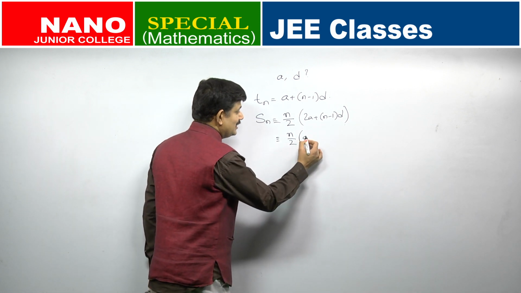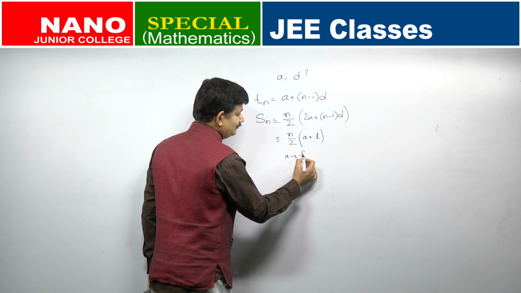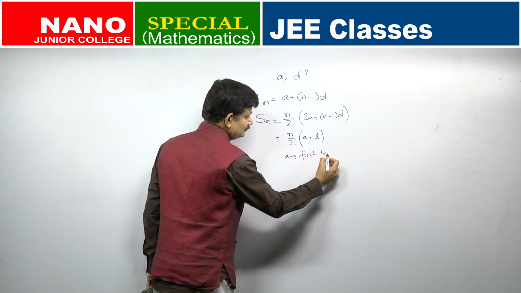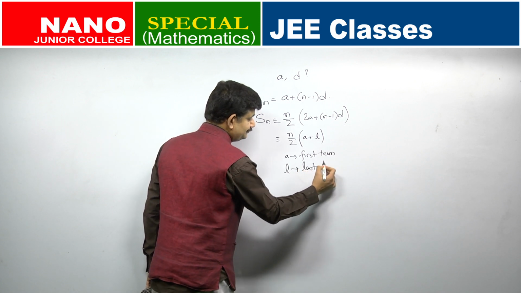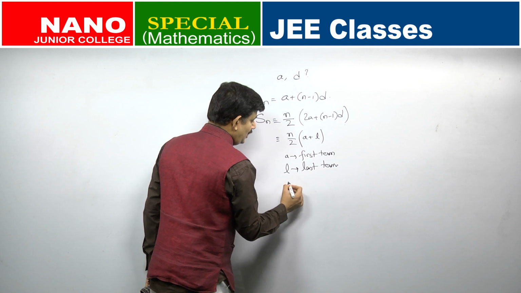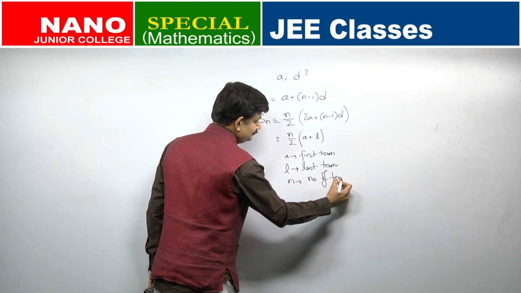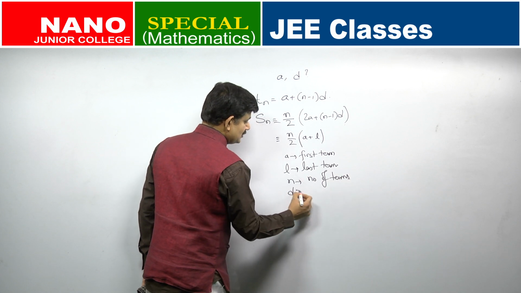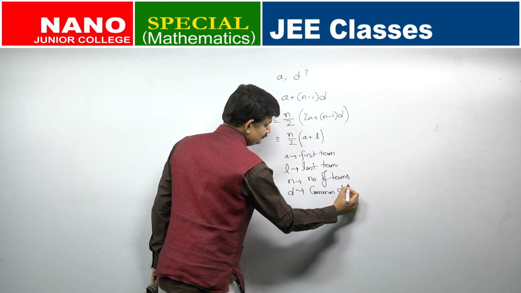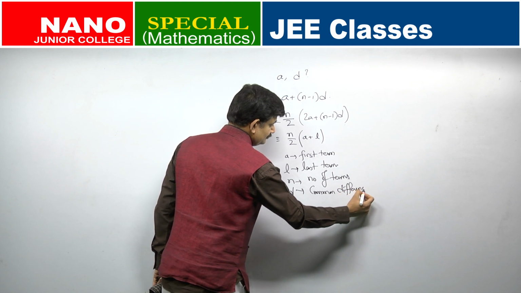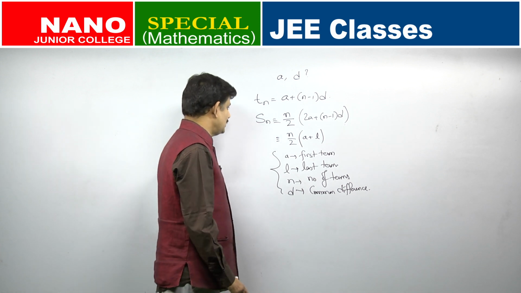So, you can write it as a plus l, where a is the first term, l is the last term of the progression, and n is the number of terms, d is the common difference. So, this is the terminology which we will be maintaining through the class.